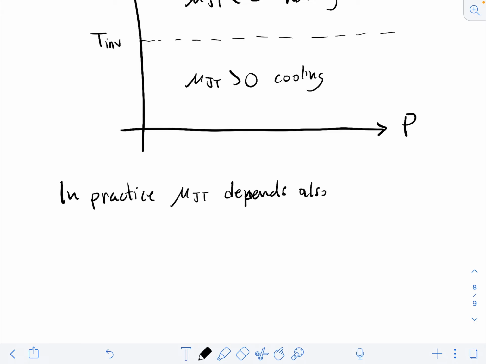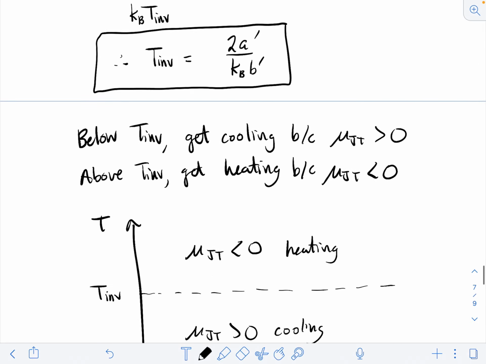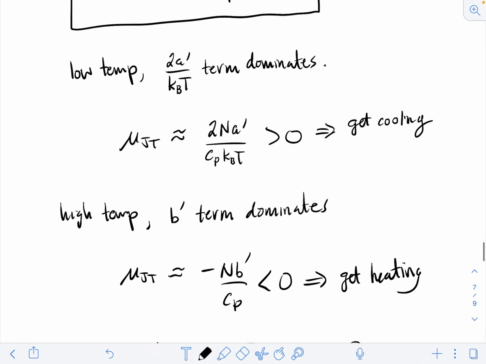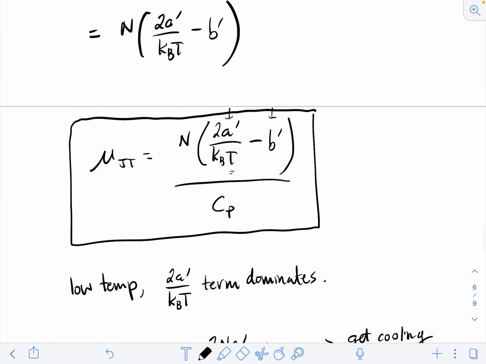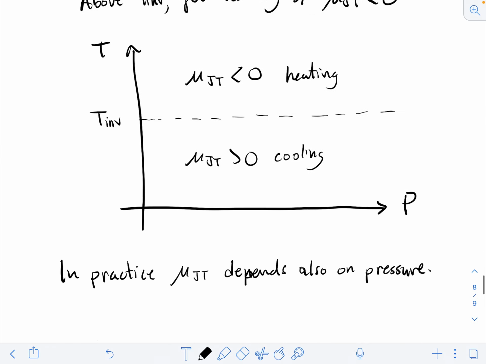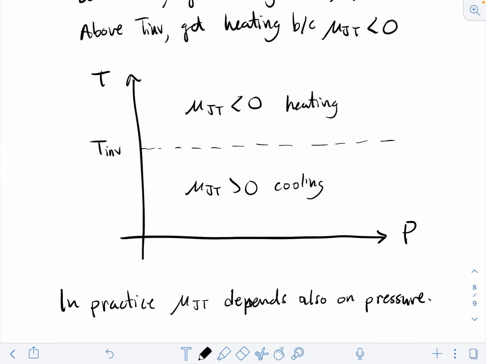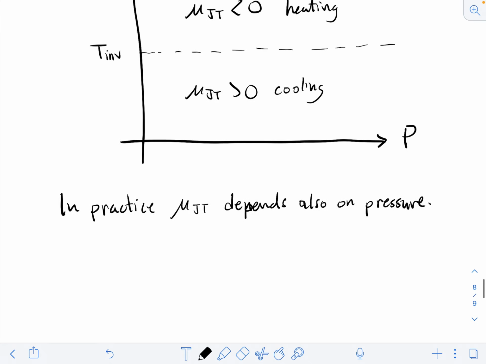See, our calculation for the Joule-Thomson coefficient has a temperature dependence, but no pressure dependence. And so I've made this plot as if it's a function of pressure, but nothing's changing as we vary the pressure here.